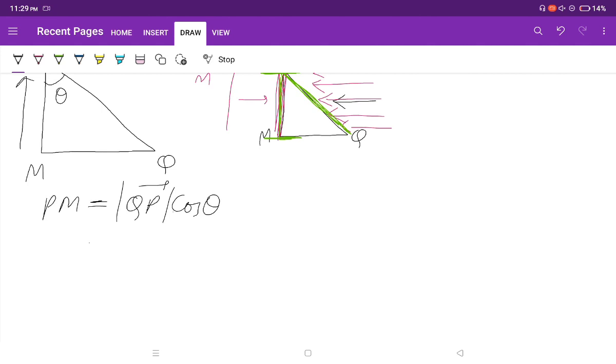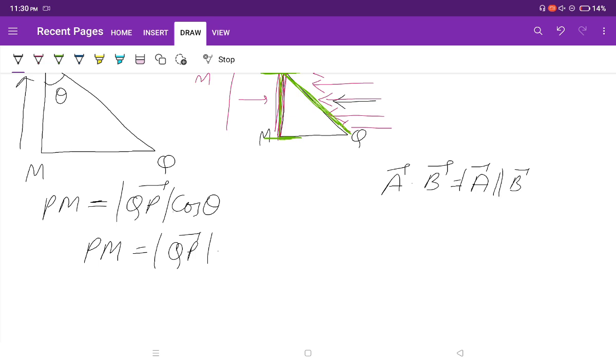We know that A vector dot B vector equals A vector magnitude times B vector magnitude times cos of theta, that is cosine of the angle between them.